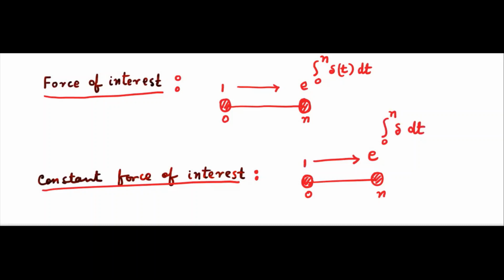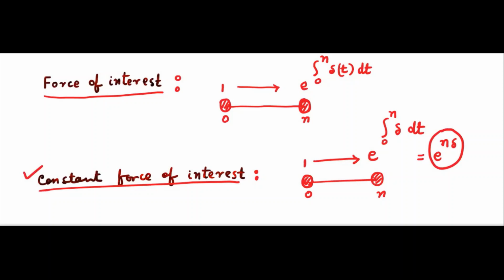You can take the constant out and integrate dt, you get t, then replace it, and you get e power n delta. This is what we have seen before. If you invest money for n years with continuous compounding, your accumulated value is e power n delta. This is the constant force of interest.